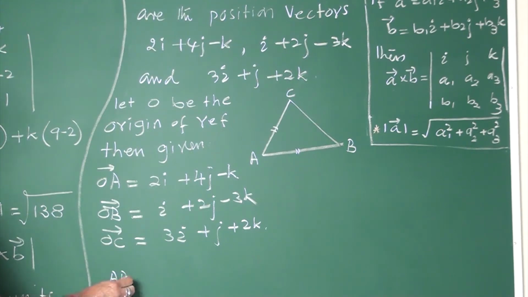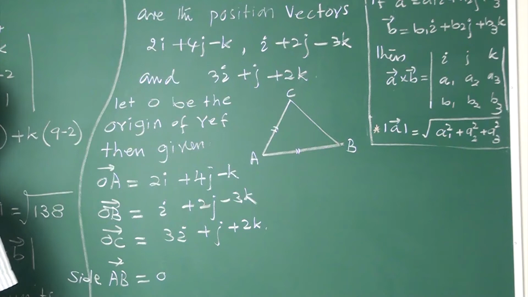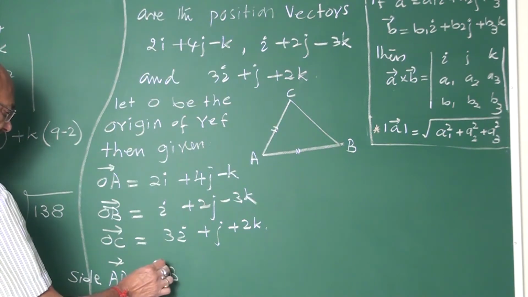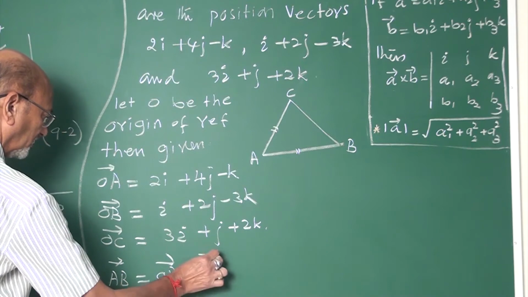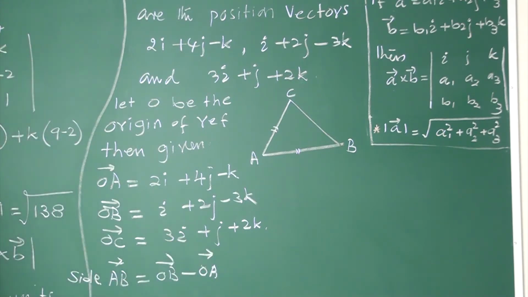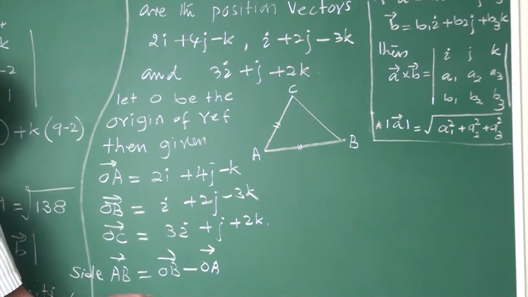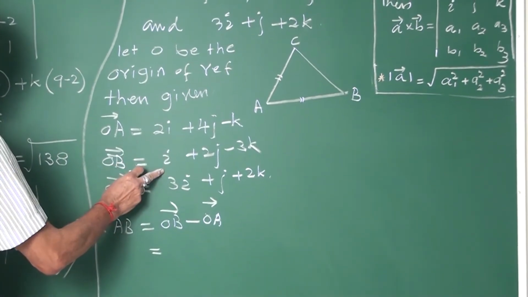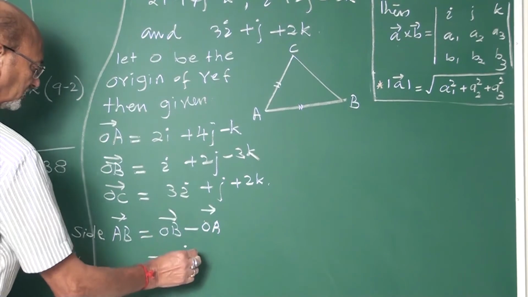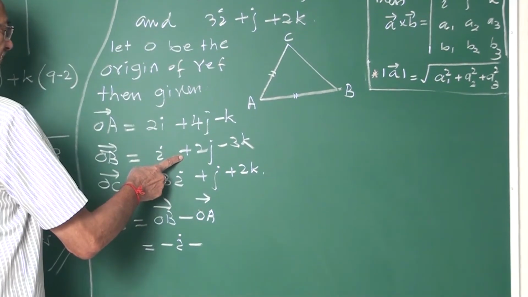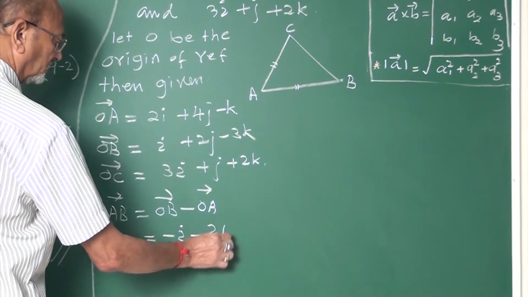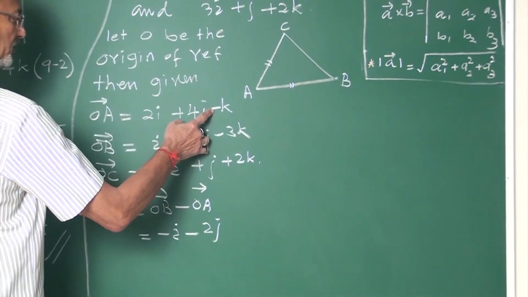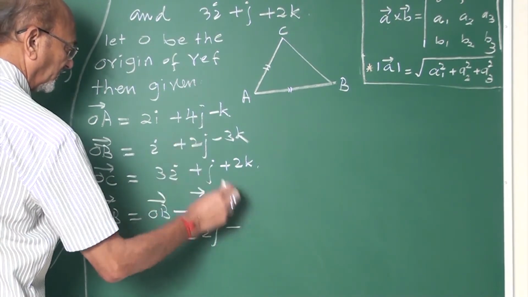Now side AB equal to, what is this? This is OB minus OA. Tell me, my friends, this is OB, this is OA. OB minus OA is i minus 2i, plus 2j minus 4j, minus 3k plus k.